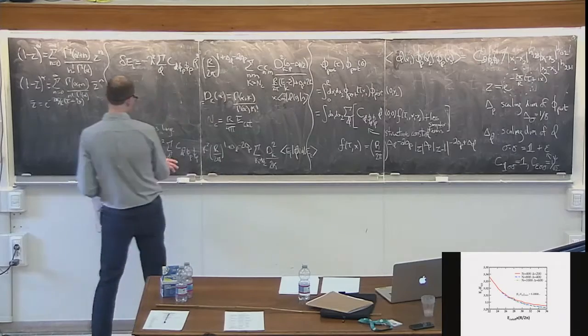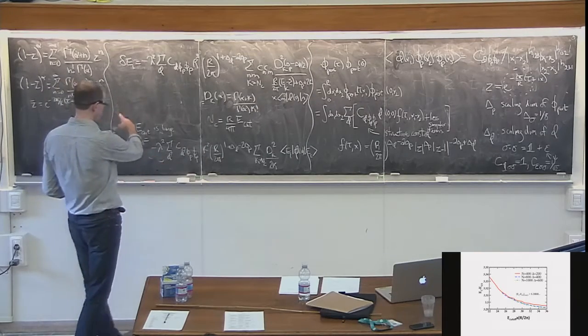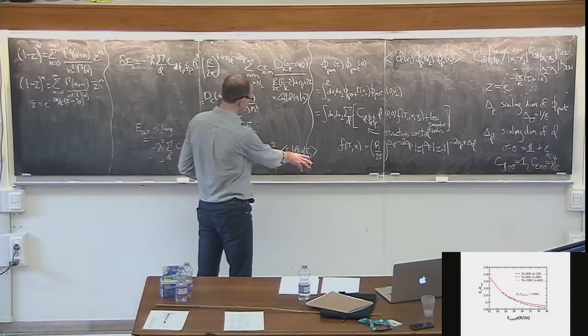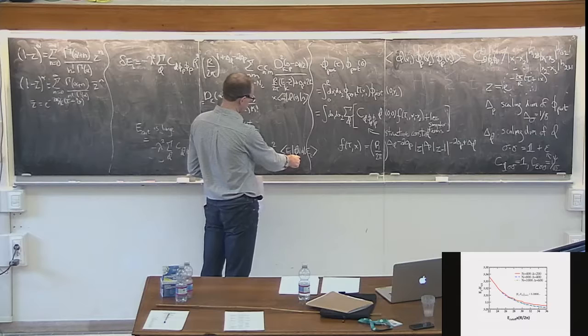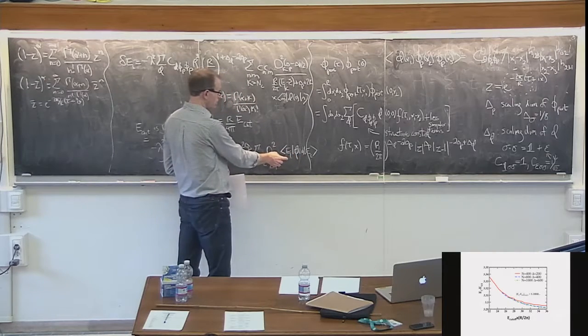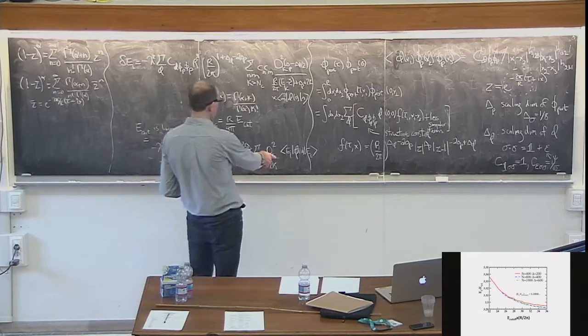You can simplify the expression of the energy correction to evaluating the one-point function of the field phi with regard to the full eigenstate of at least the low energy sector.